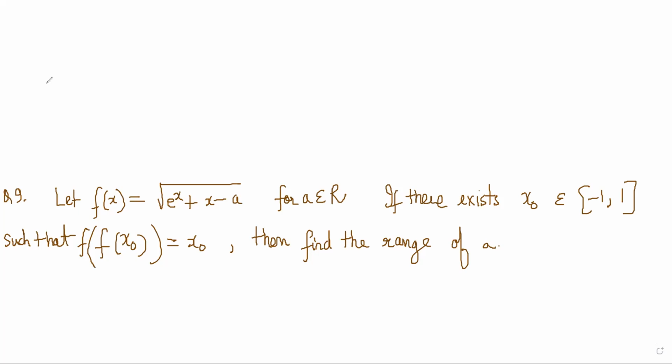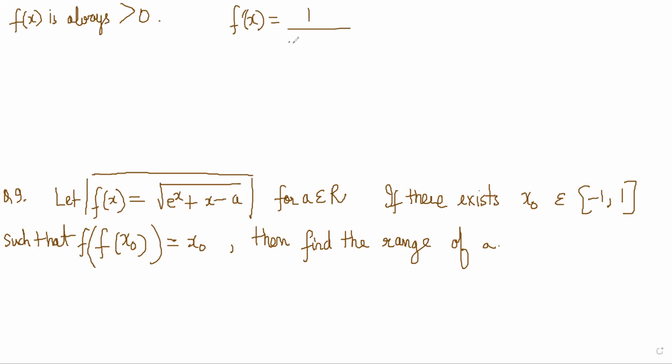So this is a slightly theoretical type of question. Notice here that f(x) is always positive, right? f(x) is always greater than 0. Also, you can notice that f dash x will come out to be something with e^x + 1 on top.